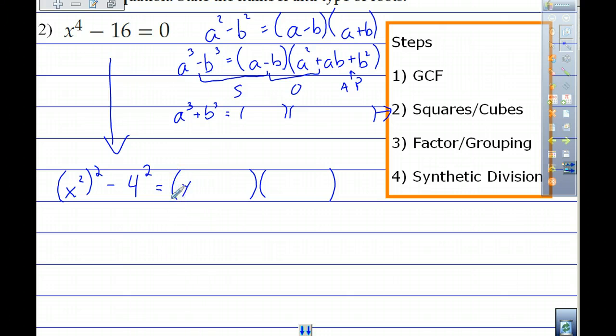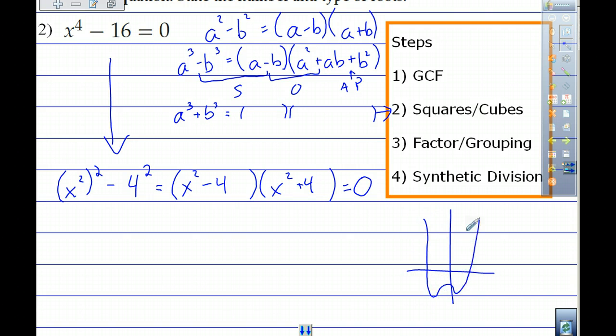Alright, so we have x squared minus 4 and x squared plus 4. This equals 0. Instead of graphing this whole thing, and it probably looks something like, you know, some sort of W shape, right? Instead of doing all this work to graph it, we can get these x-intercepts without all that work.